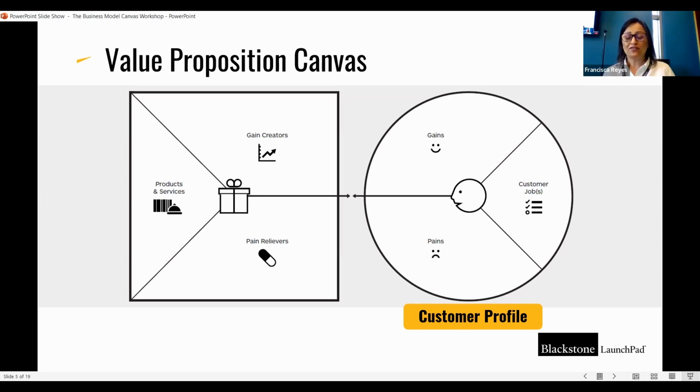Now, if you notice over there on the right, in the circle where we have the customer profile, they have this idea of customer jobs. What are customer jobs? Well, customer jobs are the activities that the customer has to do on a daily basis. The things that they have to do either because it's part of their jobs or in their daily lives, or they have a routine.